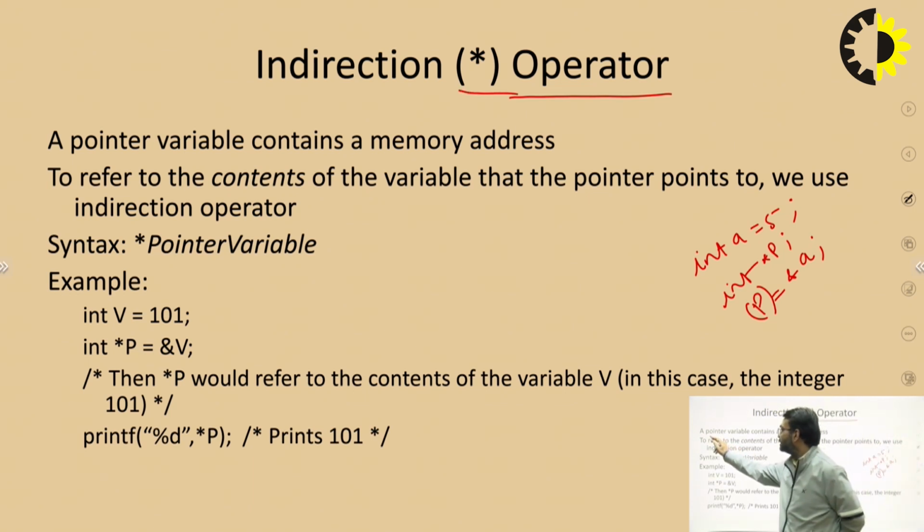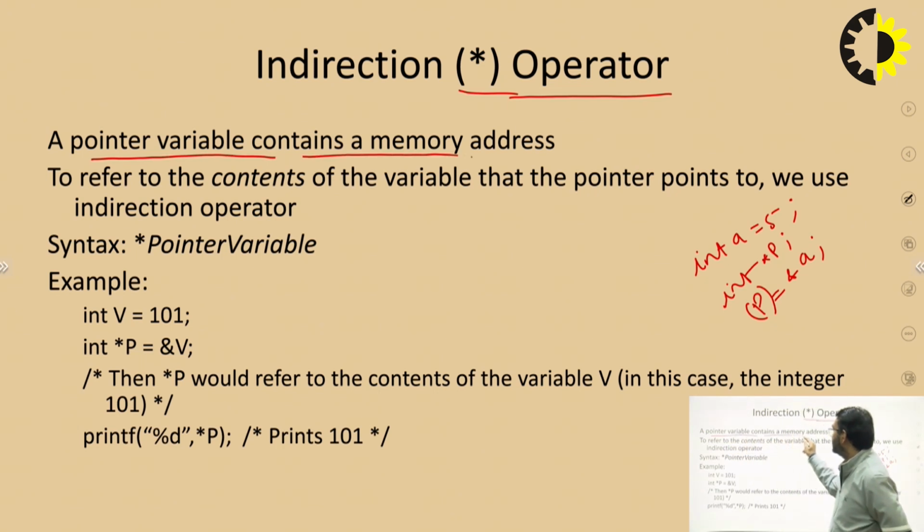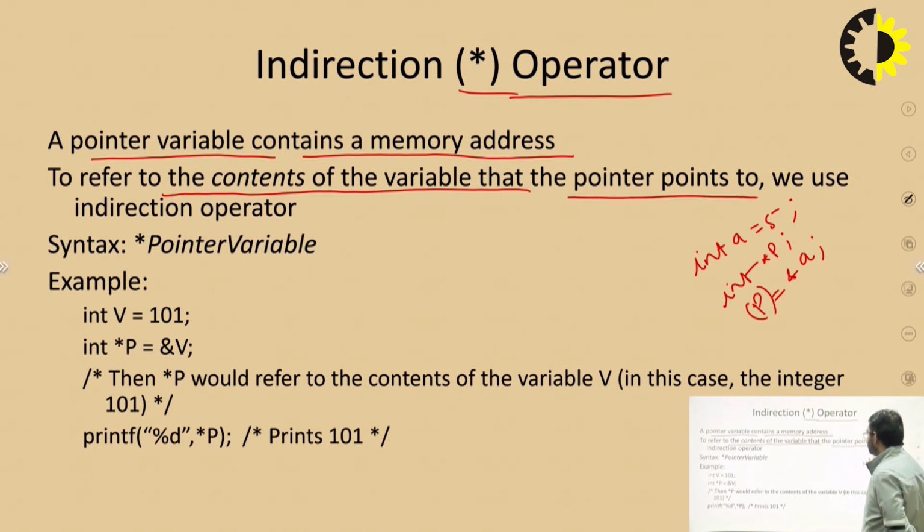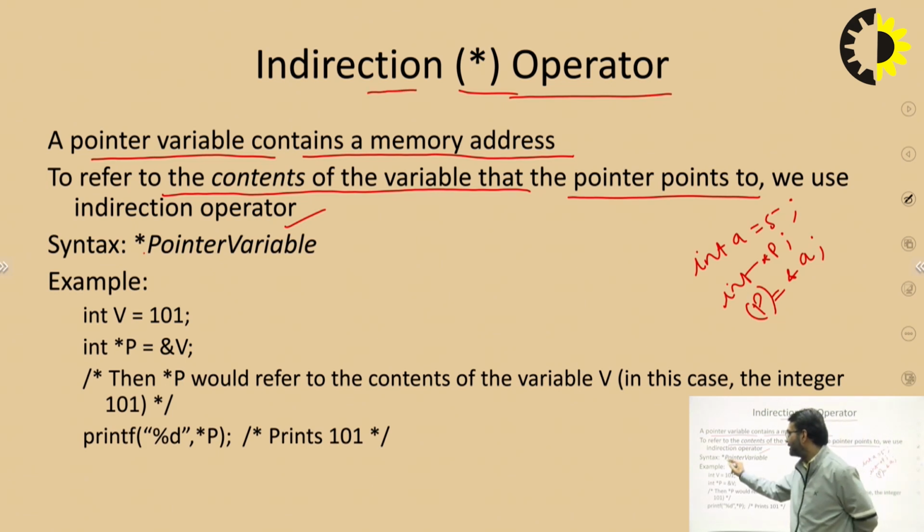Because a pointer variable contains a memory address, to refer to the contents of the variable that the pointer points to, we use the indirection operator. Because the pointer contains the address of another variable and we want to retrieve the value at that particular address, we use the indirection operator represented by asterisk then the pointer variable.